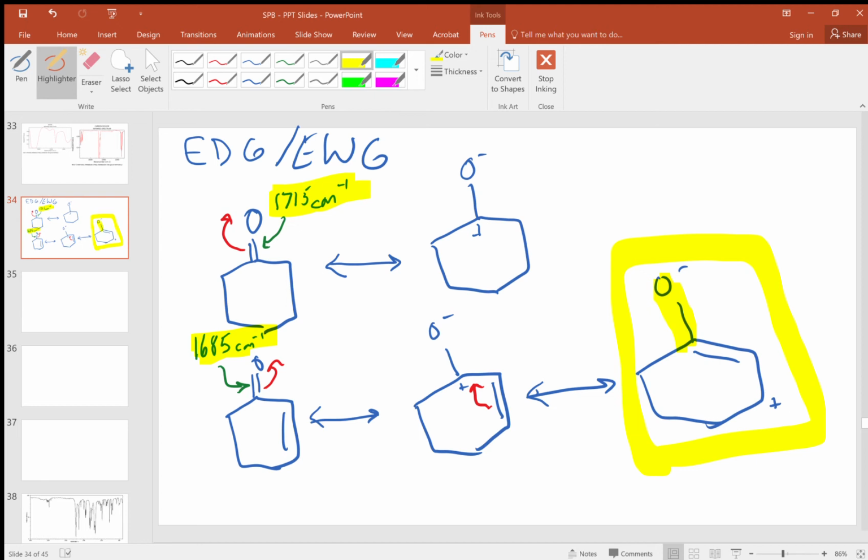So that means resonance structures where the carbonyl is shown as a single bond are more important because we've got two of them here compared to just one for the first molecule. So what that suggests to us is that this compound, the second one, has more single bond character.